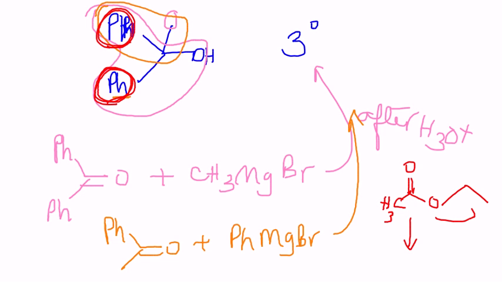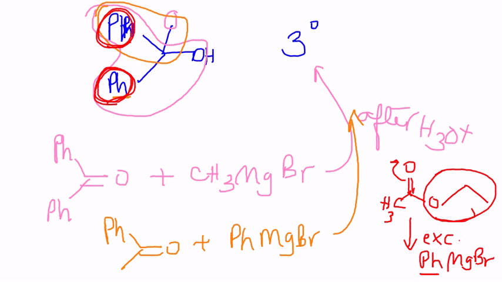So now if you treat that with an excess amount of phenyl magnesium bromide, in the first round, one of the phenyls is going to attack, or the carbonyl is going to get polarized, and when the electrons come back, this whole part is going to go away.